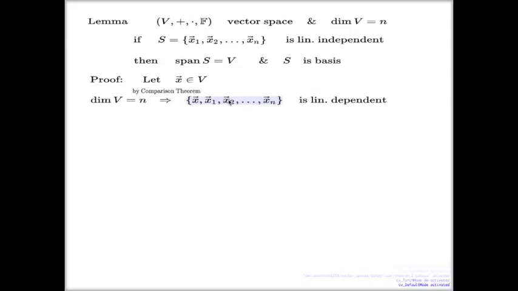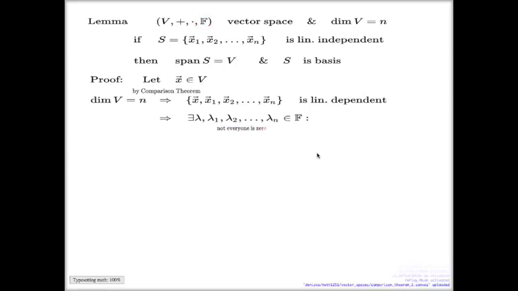We know it now. What does it mean to be linearly dependent? If I just use the definition, it says this. There must be scalars, n plus 1 of them, from my original scalar field F, with two properties.